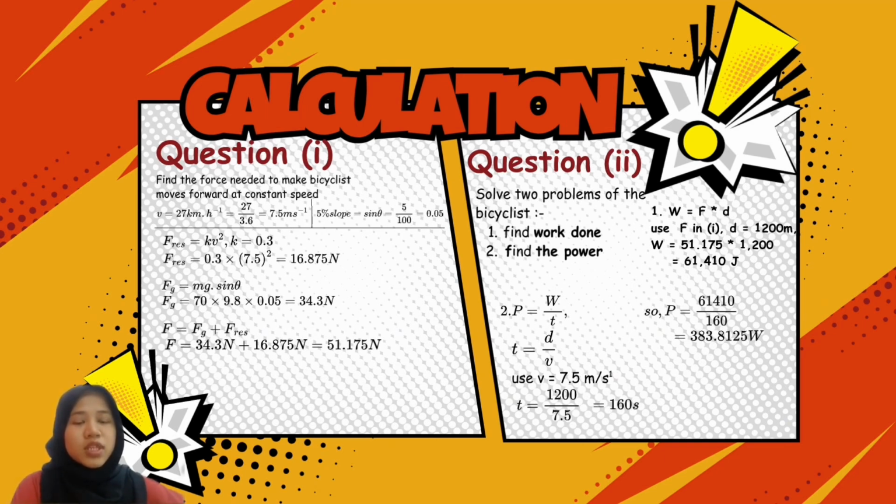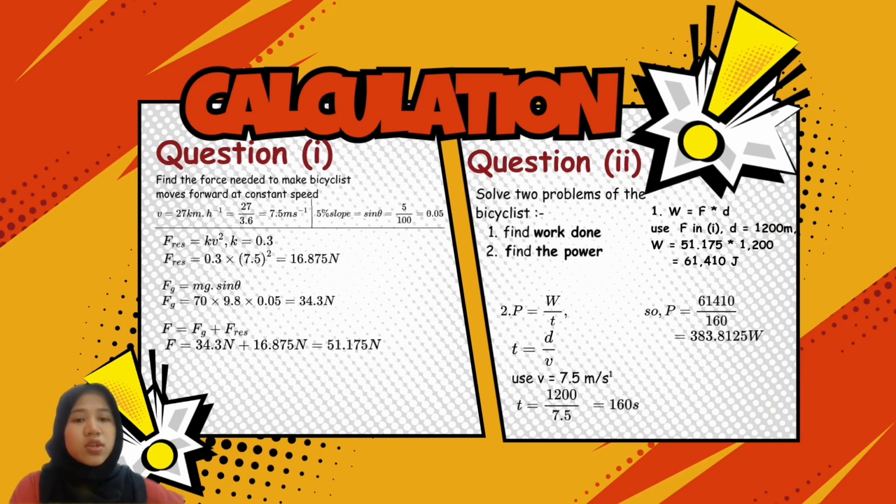Next, we need to find the total forward force. To maintain a constant speed without accelerating or slowing down, the bike's forward force must exactly equal the sum of both opposing forces. So we add the Fg and the Fr to get the total forward force: 34.3 newtons plus 16.875 newtons equals 51.175 newtons.